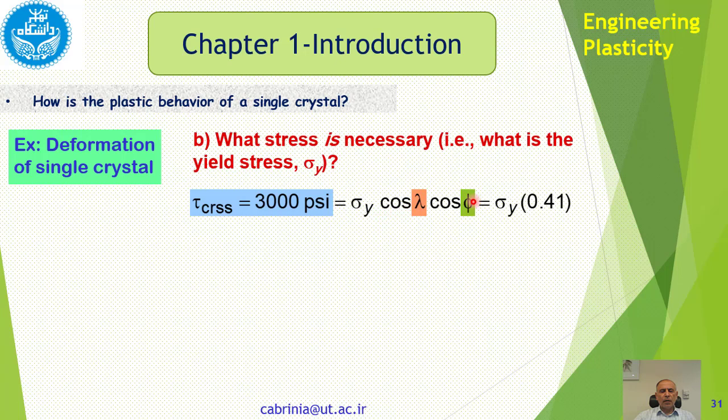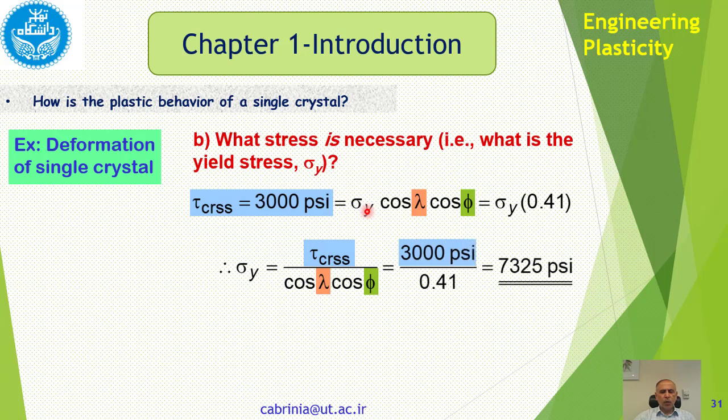Lambda and phi were given like before, and multiplication of this is 0.41. 0.41 sigma equals to this. The reason I have put y here is because I have put this equal to 3000. I know that if tau r is equal to 3000, the yield occurs. So I have put sigma y instead.